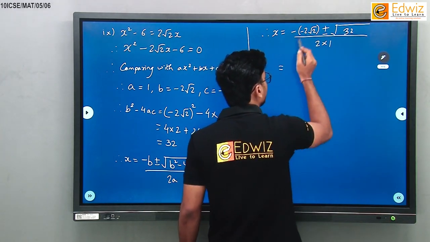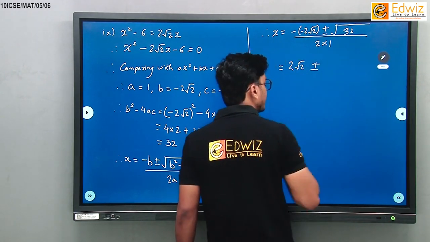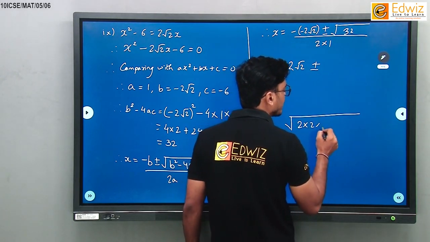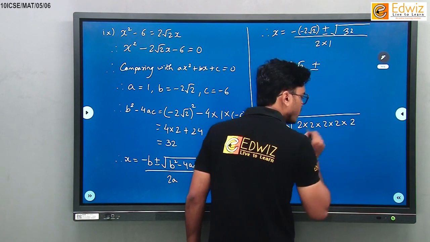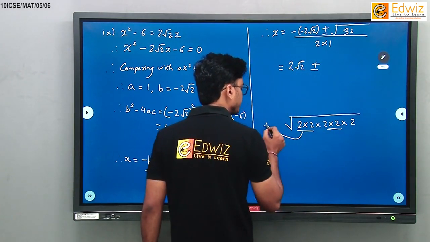This will be positive 2 root 2 plus or minus root 32. If you see root 32, it can be factorized as 2 into 2, 2 into 2 and one more 2. Correct? So these two pairs will come outside.